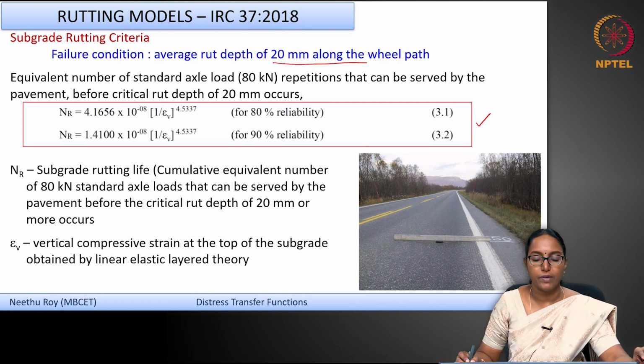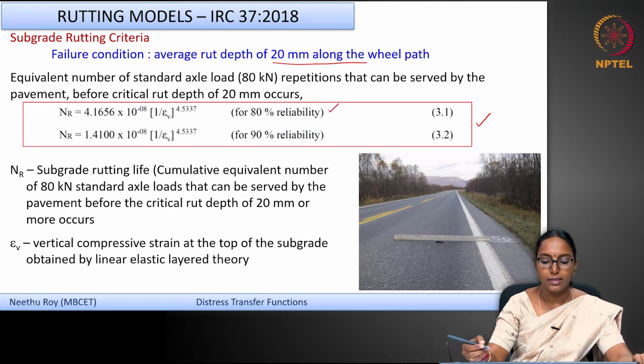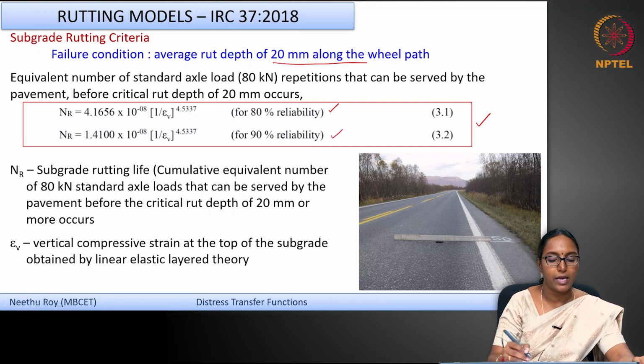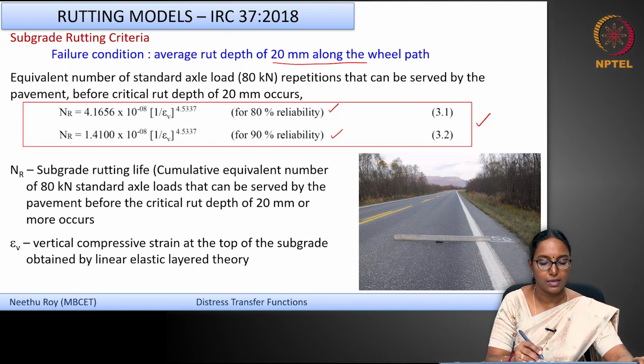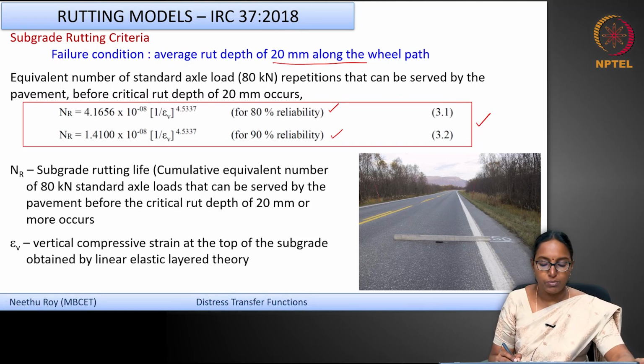Now, as I said, it is given for two reliability levels in IRC 37. One is N_R for 80% reliability level, and the second one is for 90% reliability level. N_R is given with a coefficient, as 1 by epsilon_V raised to 4.5337, and for 90% it is 1.41 into 10 raised to minus 8 into 1 by epsilon_V, whereas epsilon_V denotes, similar to epsilon_C written earlier, the vertical compressive strain at the top of the subgrade, which can be obtained by the layered elastic analysis of the pavement structure.